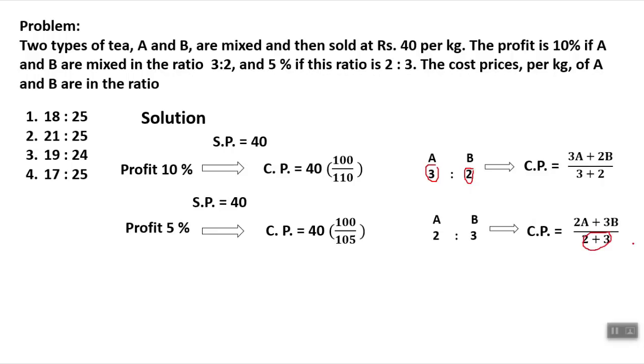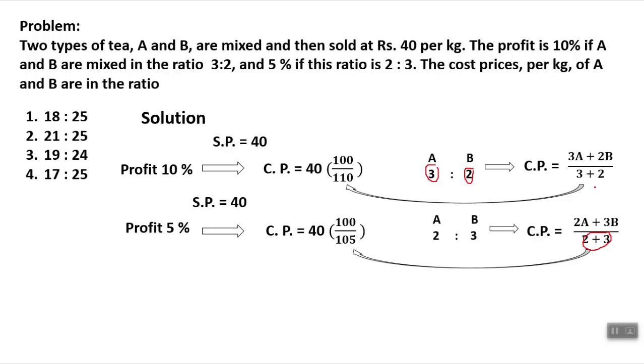What they're asking for is the ratio of a and b. Obviously, this cost price 3a plus 2b divided by 5 is the same as 40 times 100 by 110, and the second cost price is related to 40 times 100 by 105.